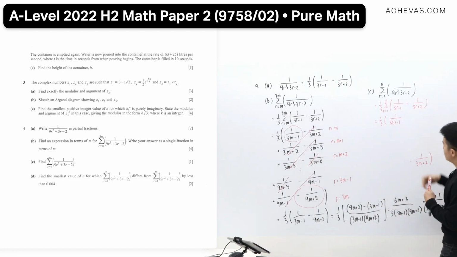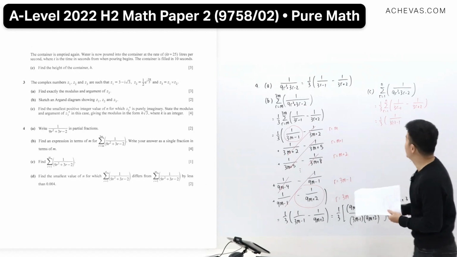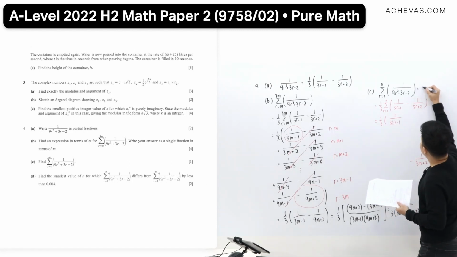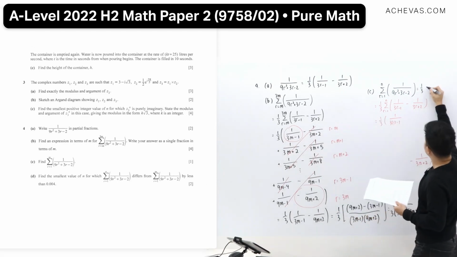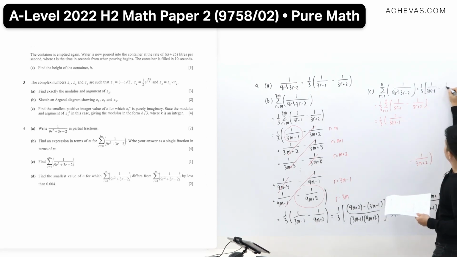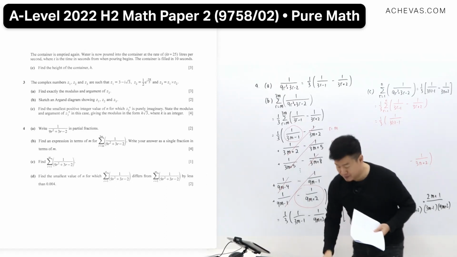So we have this in between will disappear, which means that from observation, we are supposed to be able to see this to be 1 over 3, then the first term, which is going to be 1 over 3 times 1 minus 1, minus away this term, which is 1 over 3n plus 2. Okay, we want to observe this from the first part.